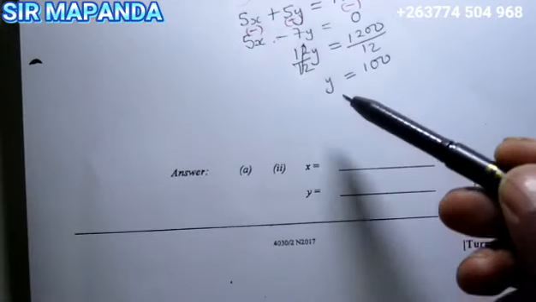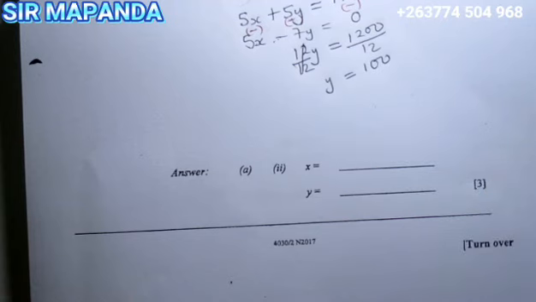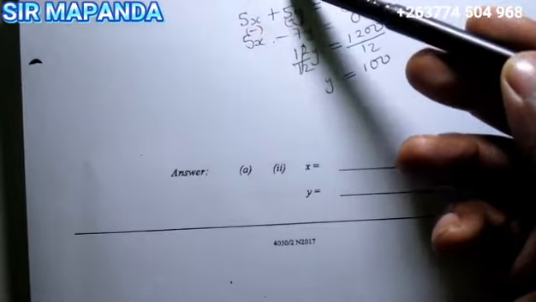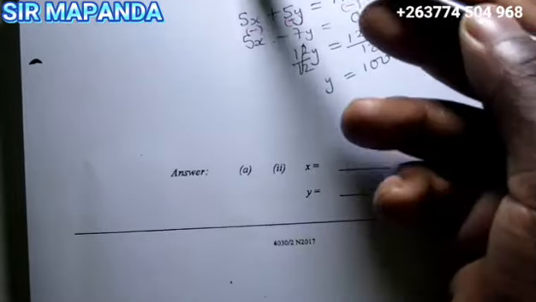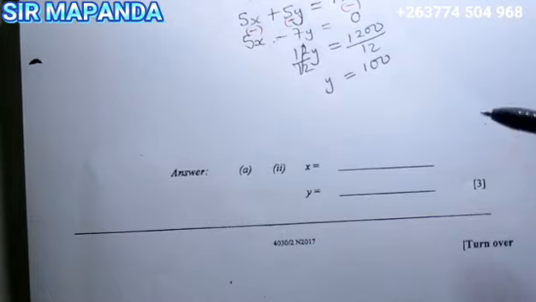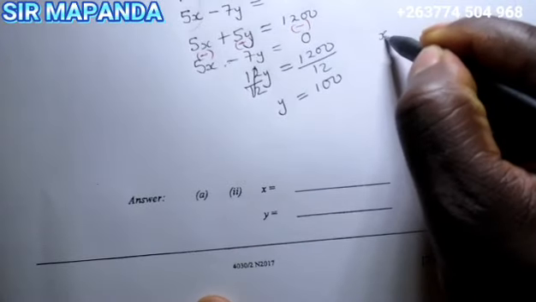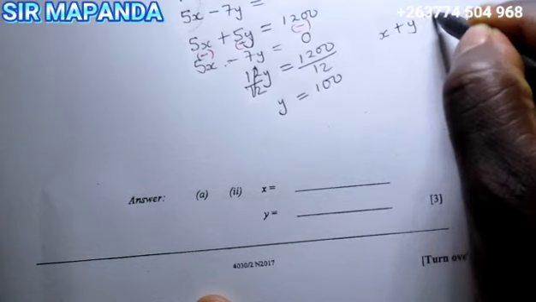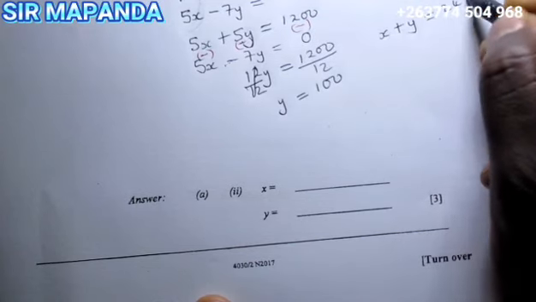So after finding that the value of y equals 100, you have to choose the equation of your choice between x plus y equals 240 or 5x equals 7y. So let's say you choose x plus y equals 240.